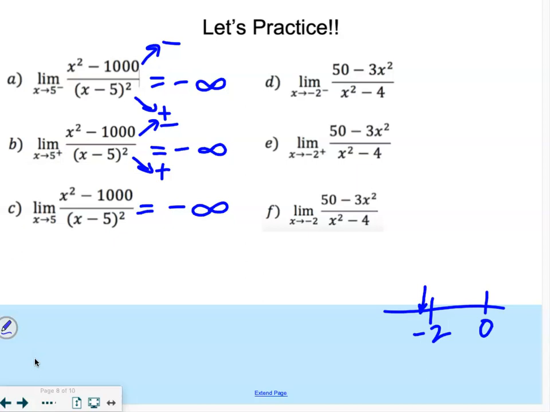So, Luke, if you plug in -2.1 on top, do you get positive or negative? Positive. Good. What about on the bottom? Positive, right? Square anything whose absolute value is bigger than 2, and you're going to get a number bigger than 4. So positive over positive, so this guy's going to positive infinity. Beautiful. Good job.